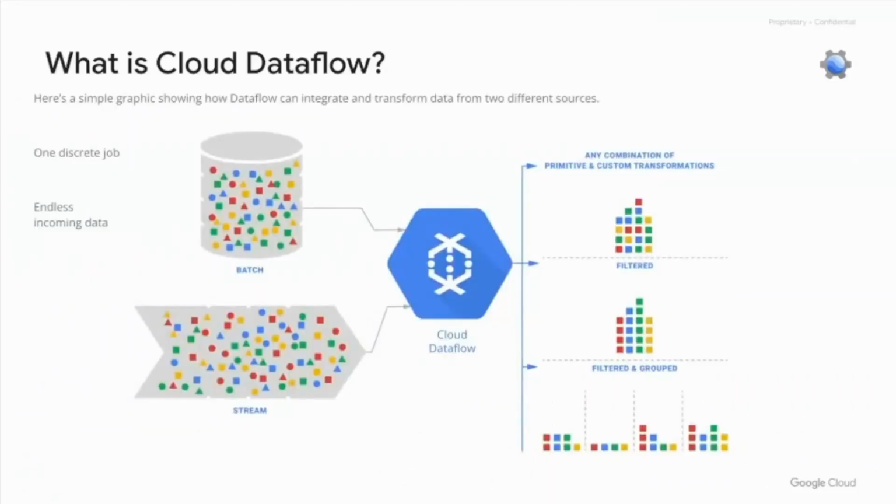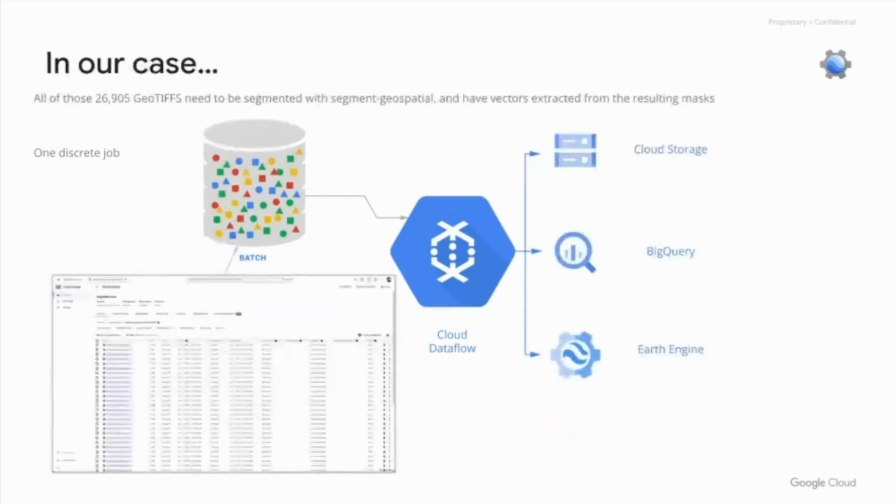Dataflow supports two modes of operation. You can leave Dataflow running, and if you've got streaming GPS data or something that you want to constantly process, you can stream that data in, or it operates in batch mode. And for us, our input is basically batch, right? It's a static set of 26,000 files, and it's going to go into a not always running Dataflow pipeline. I'll show you some of the costs associated here.